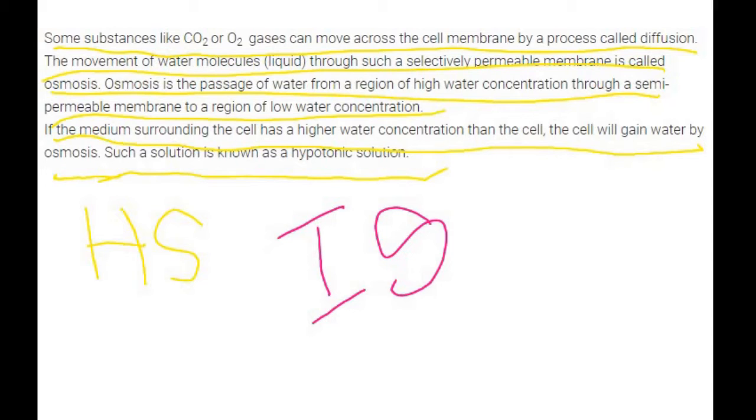And there is one more type, the third type, which is known as hypertonic solution. So both hypotonic solution and hypertonic solution are represented here. So let's get into detail of each of them.